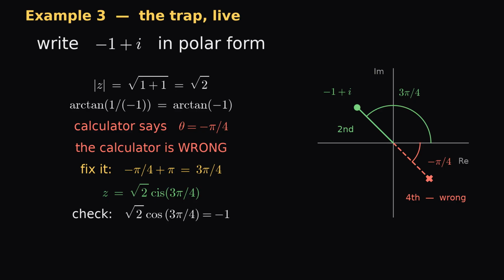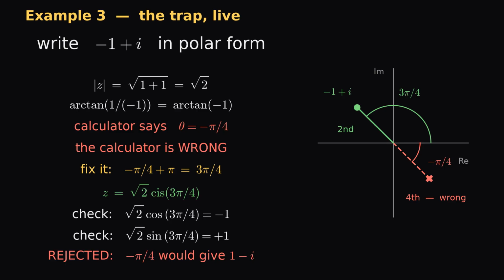So the answer is root 2 cis 3 pi over 4. And check it. Root 2 times cosine of 3 pi over 4 is minus 1. Root 2 times sine of 3 pi over 4 is 1. That's the point we started with. The calculator's answer would have given you plus 1 minus i, which is a completely different number.